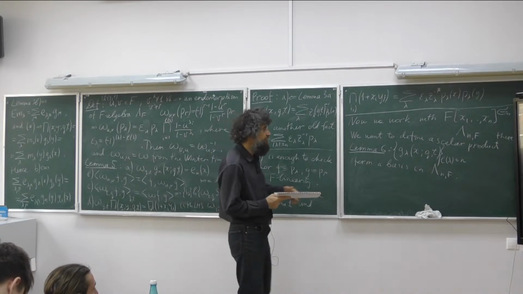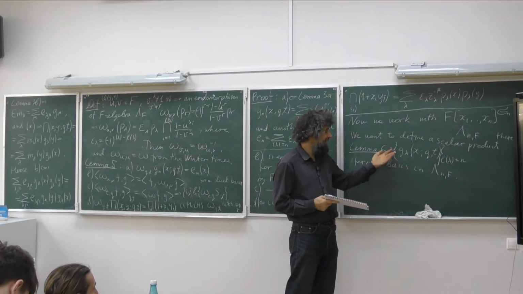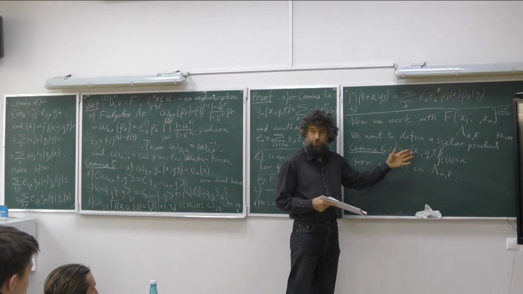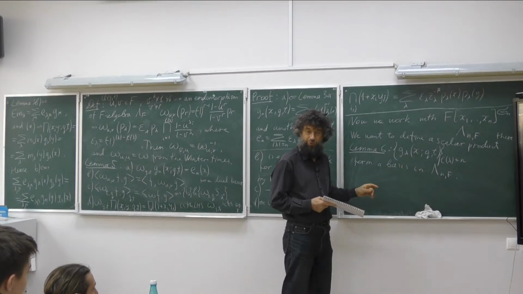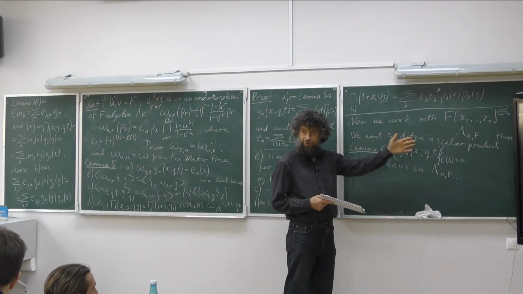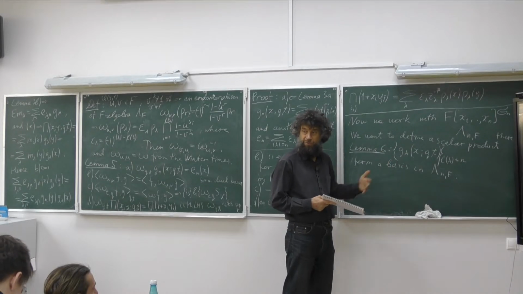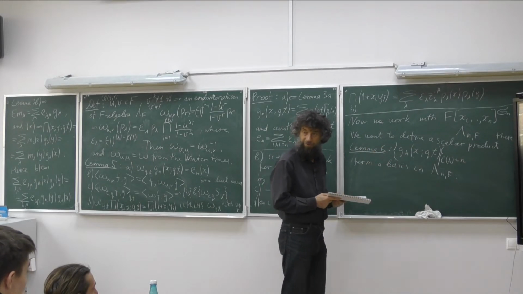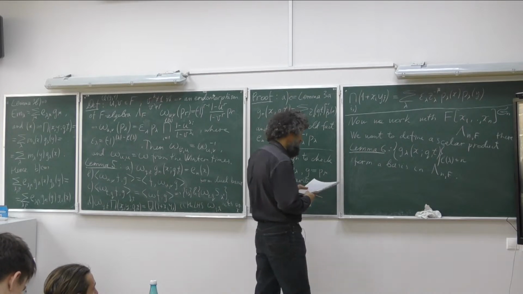Okay, and if we know this, then we can consider the dual basis. We just need some subset of our big basis to form a basis in this subring of finitely many variables.